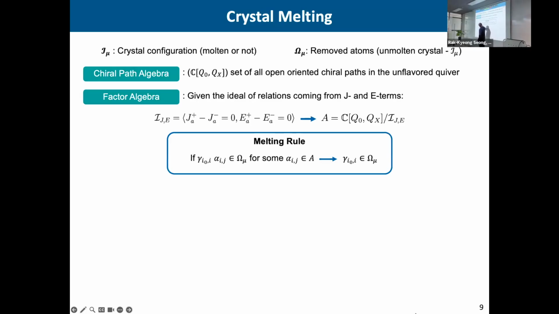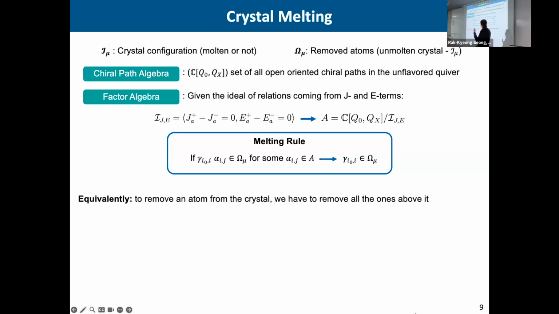If you have some operator, which I will factor as some operators and some other operator that goes from I to another node J in the quiver, and you remove atoms for some operator in this algebra, then the operator that doesn't contain this other thing also has to be removed.